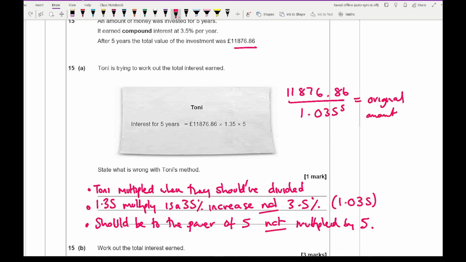And then taking 11,876.86 minus the original amount, that would have given us the interest. So any of those would be fine for the 1 mark.